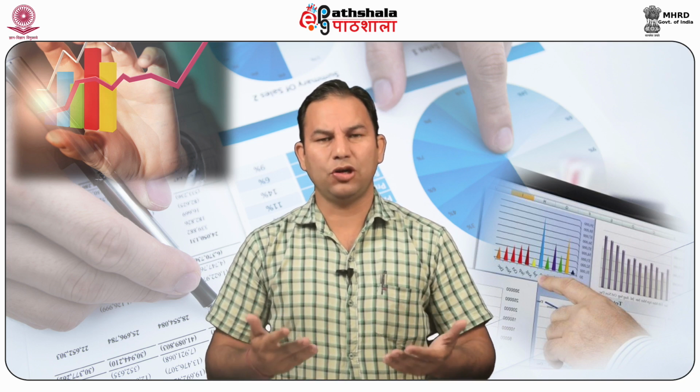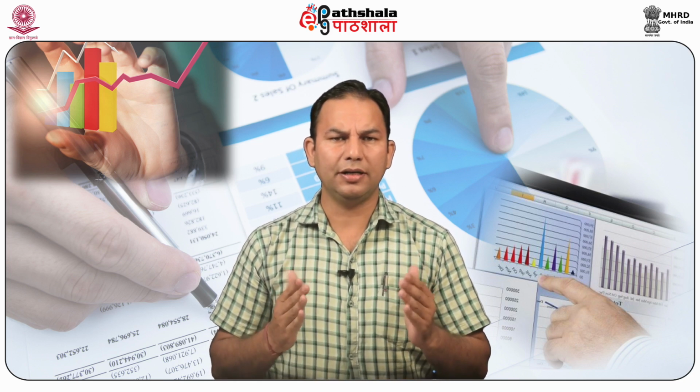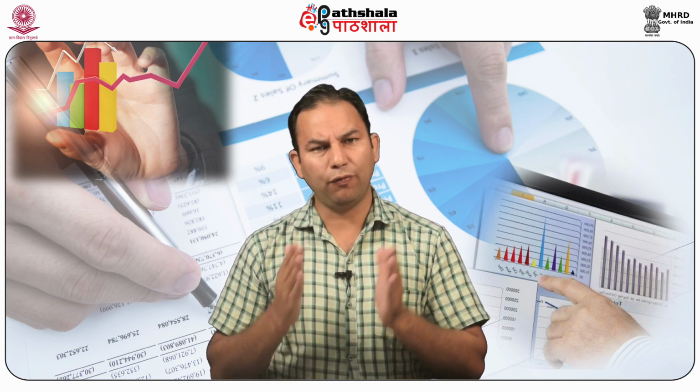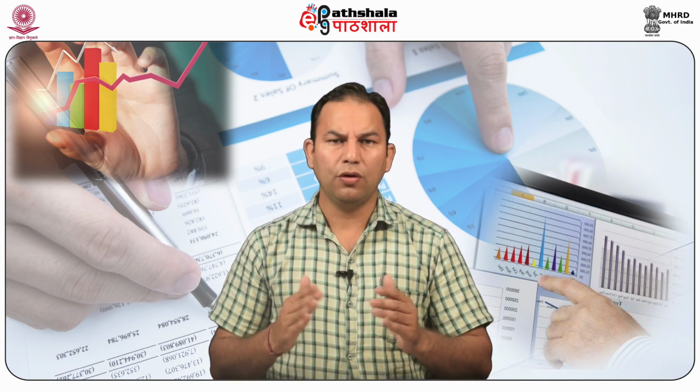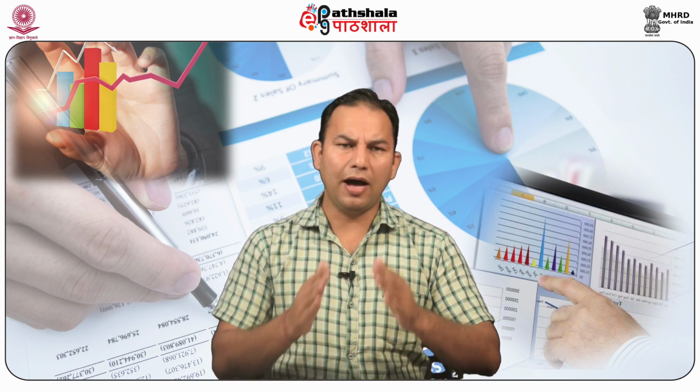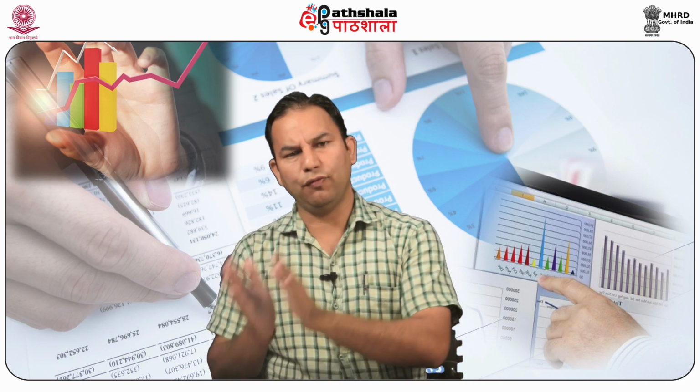So students, let us now summarize what we have learned in this module. Organizations work for generation of funds that can be used for long term as well as short term. The money generation may be the result of either cash inflow or cash outflow.